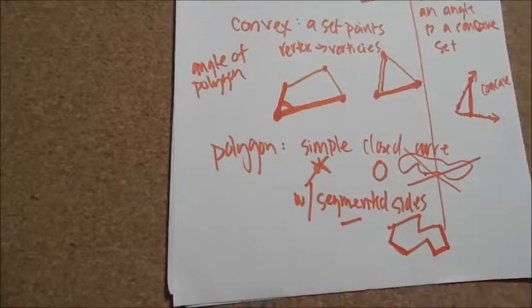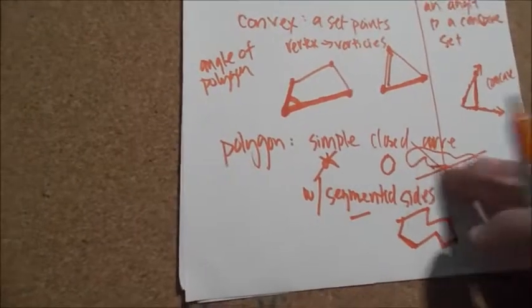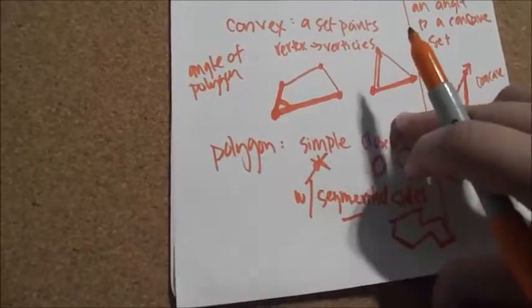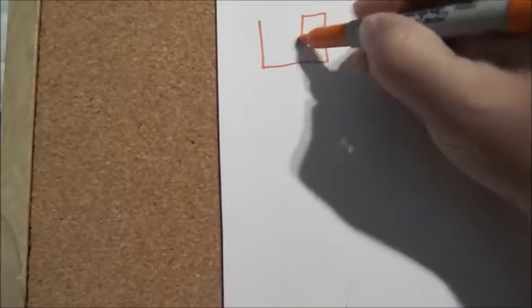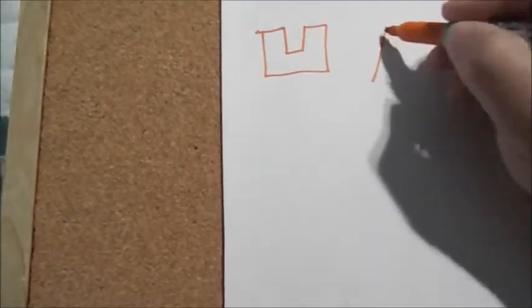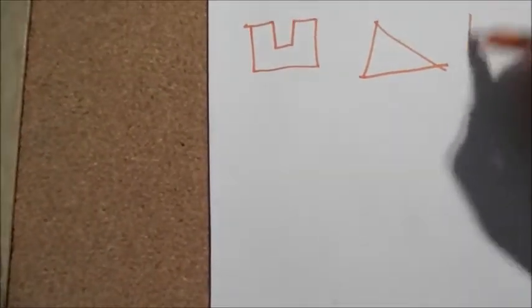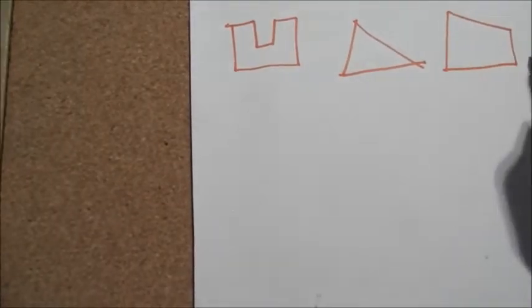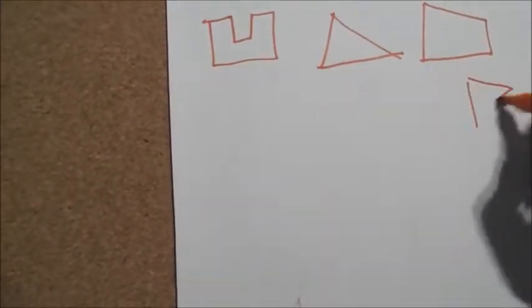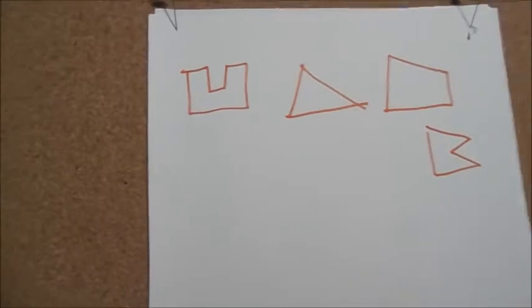So example number 2 is going to ask you to classify all of these as concave or convex. So let's just, I'll draw these. There's this one, this one, this one, and this one. So concave or convex.